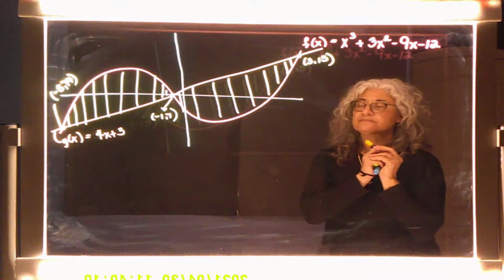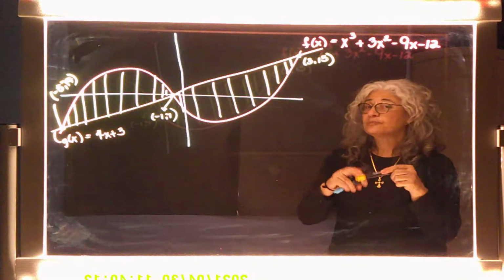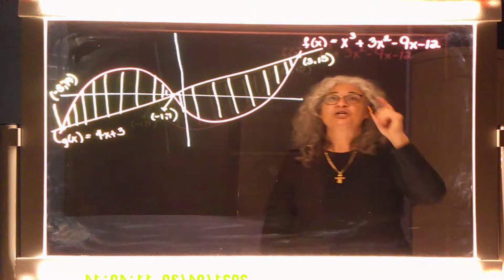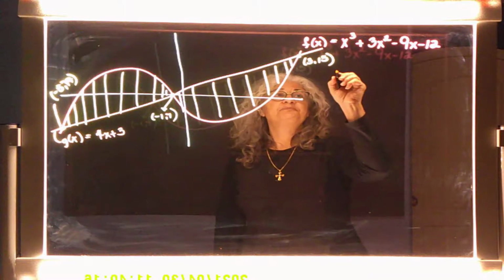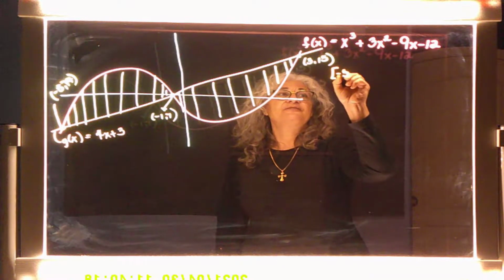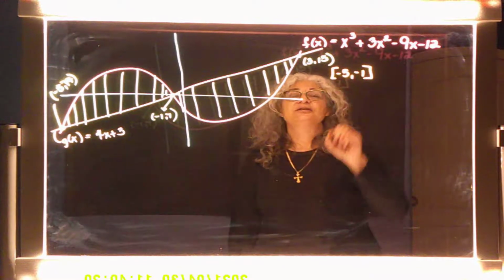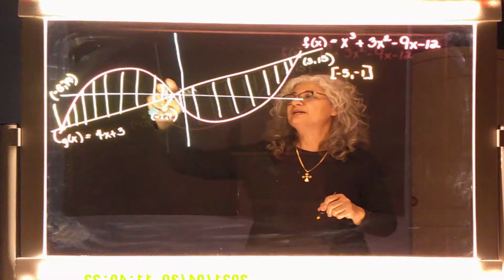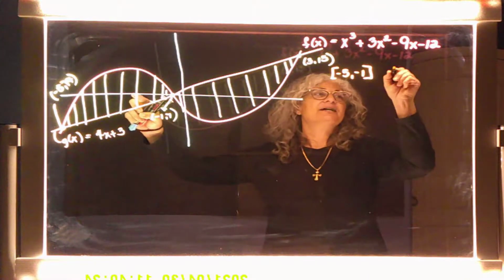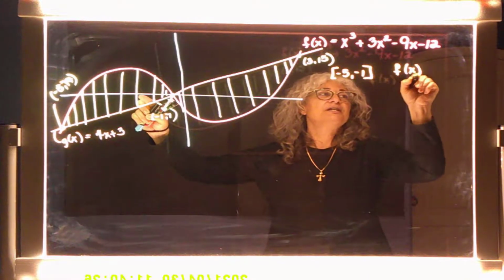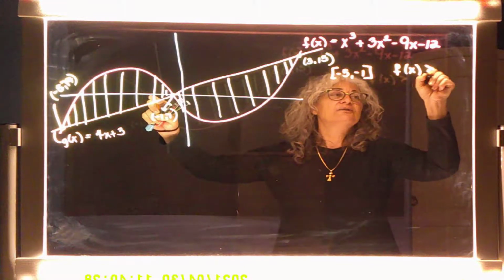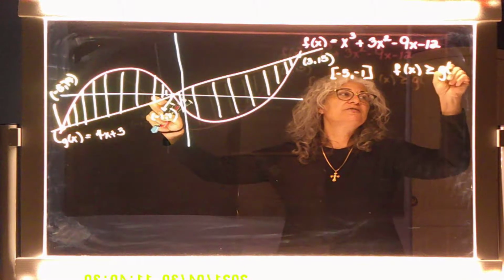Agreed? Okay. So I think it's important to write that information down. From negative 5 to negative 1, which function did we say was higher? Yeah, the f of x function is higher, greater than or equal to the g of x function.